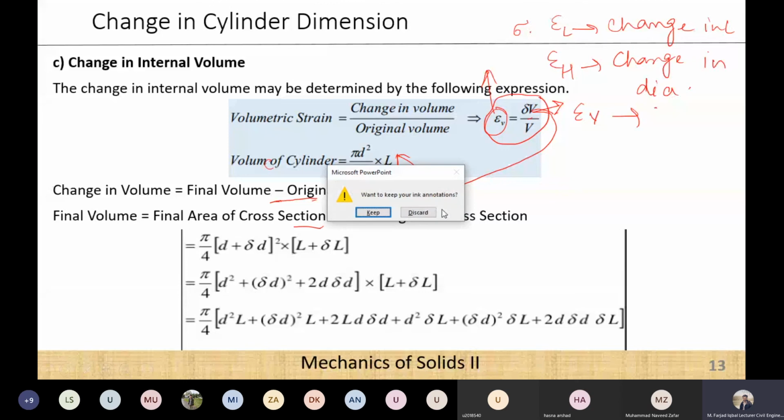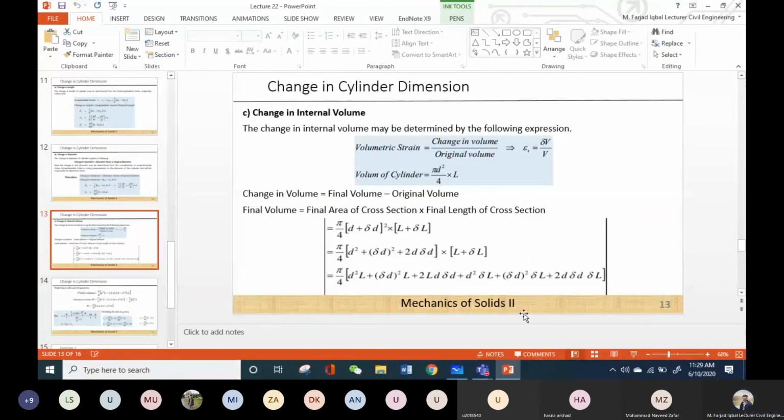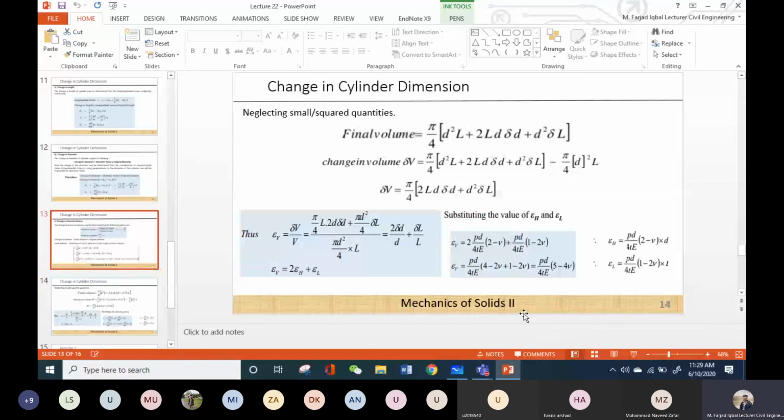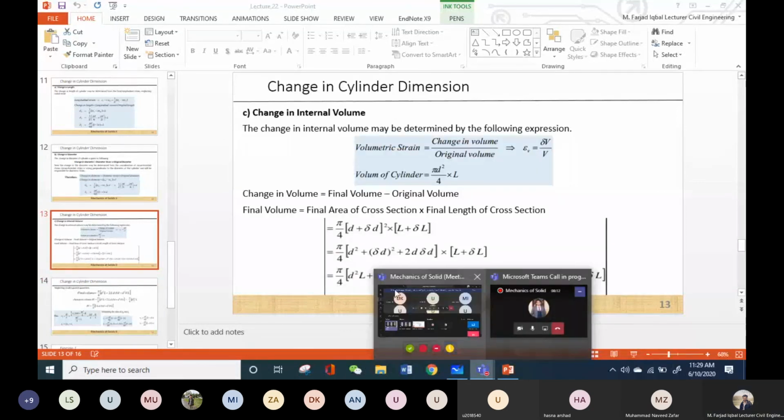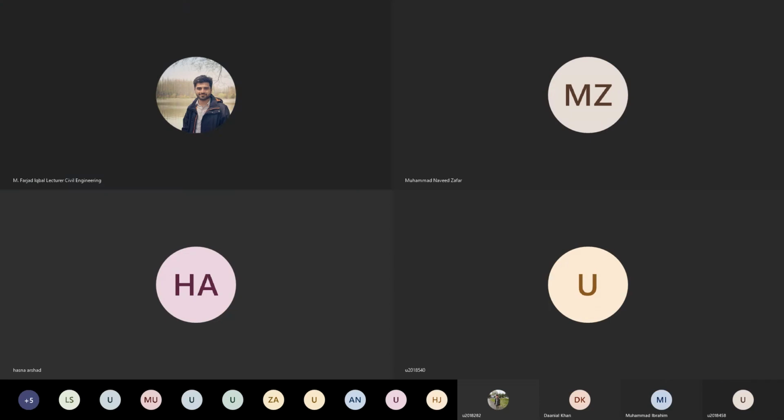So let's solve this derivation on the whiteboard. Just give me a moment.